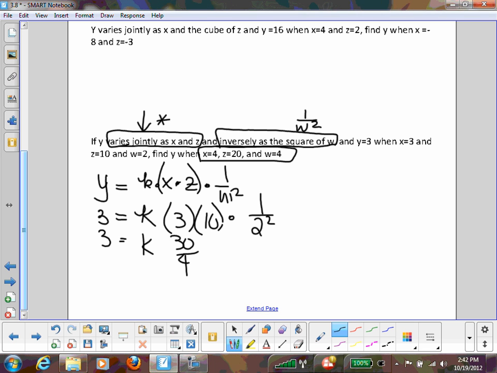Wouldn't you agree? 3 times 10, and then the 2 squared is in the denominator, right? Which is multiplied then by 4/30ths to get to k. And k is going to equal 2/5 or 0.4. Do the math. Work it out. You can believe me, but you need to know how to plug it into your calculator to do this.